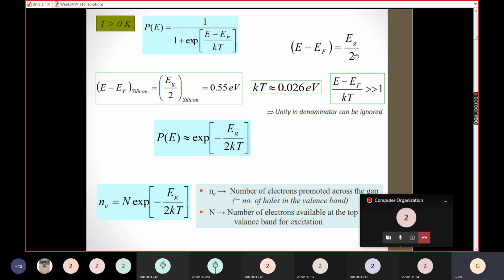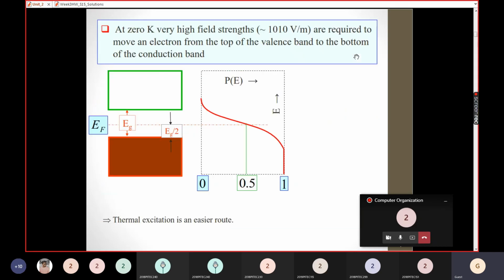I repeat again, observe the question clearly in the question paper. If they have not given the value of E as well as EF directly, you should solve E minus EF using the formula Eg by 2. I have represented this Eg by 2 here.